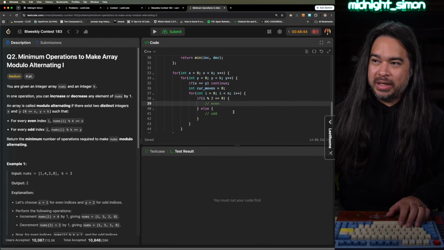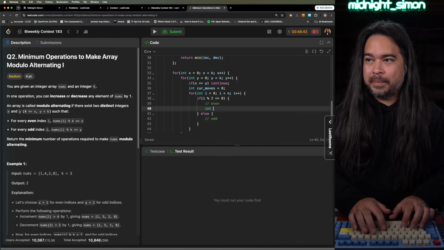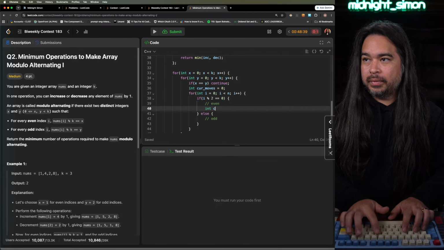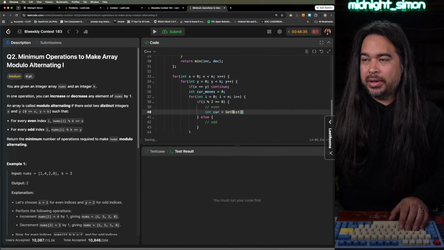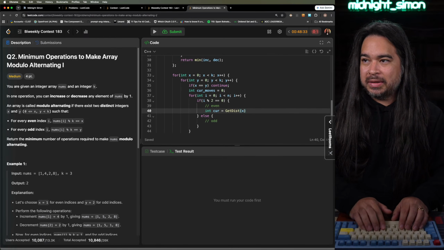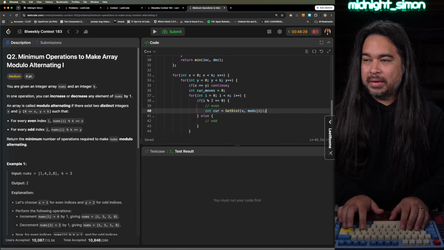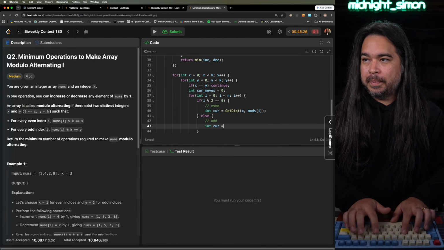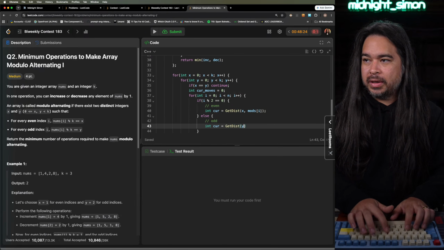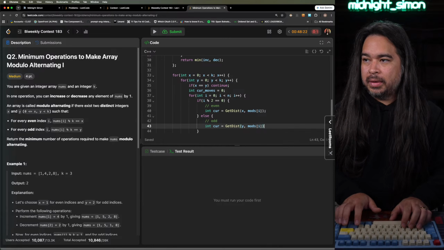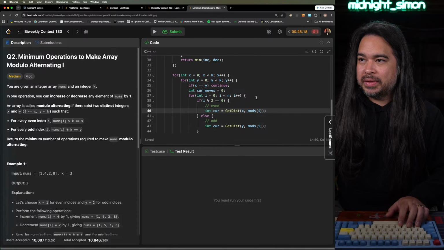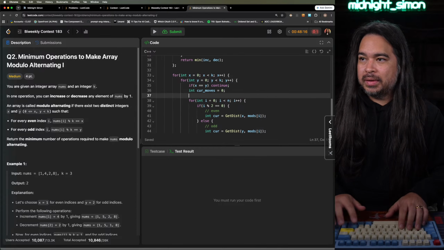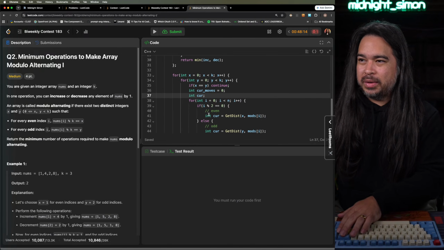Anyways, so for even indices, target and mod. What's our target? Our target is X, and our mod is mod's I. Target is Y. I guess we just... do we just add?